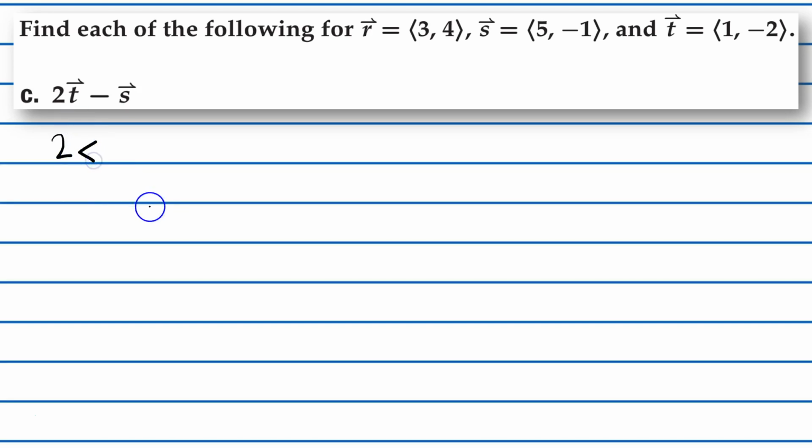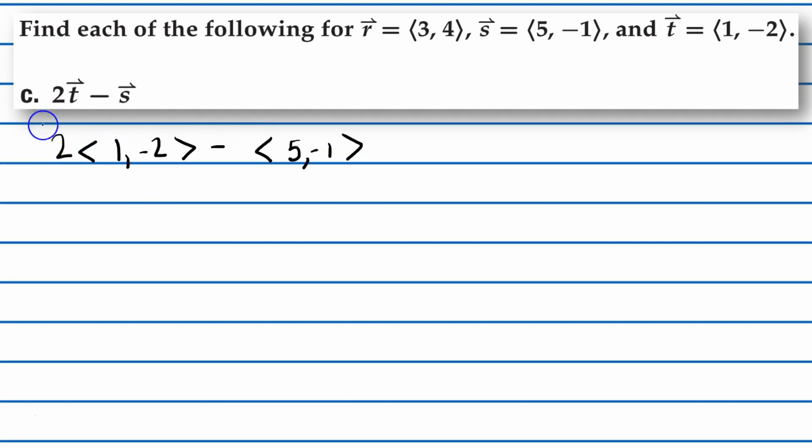So make sure it's like that, not parentheses. <1, -2>, close it, minus vector S, <5, -1>. So here I just did substitution. This was vector T and this is vector S.